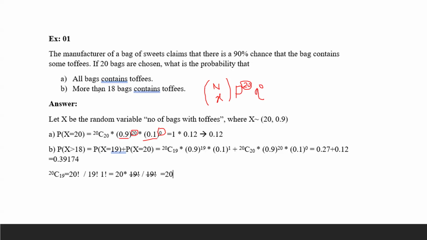Second one, more than 18 bags contain toffees. More than 18 means what values can we assume? What's the meaning of more than 18 bags?